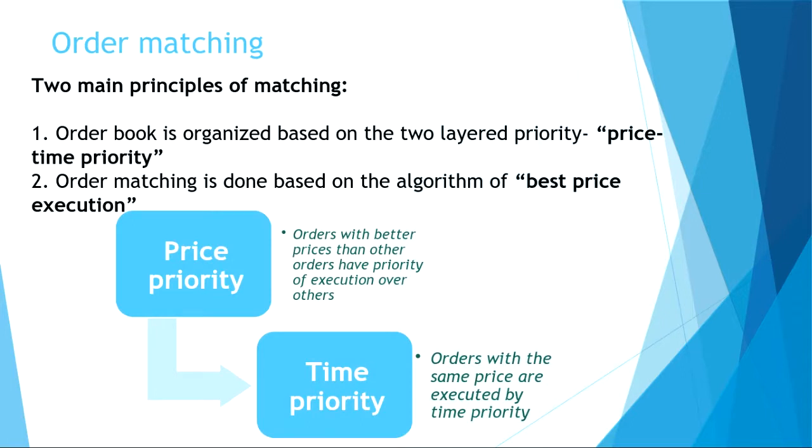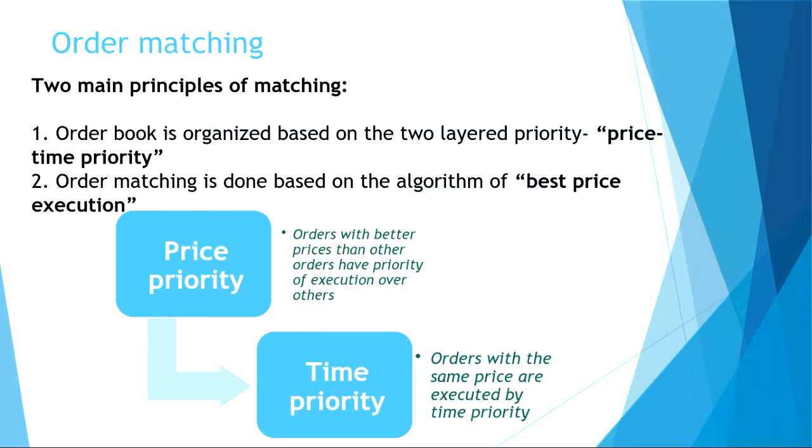Okay, so we have two main principles of matching. The first one is price priority. The second one is time priority. What's price priority? For the buy side, let's say the highest price is the best one. You want to buy Turkish Airlines at 8 Turkish lira, let's say, and someone wants to buy it at the price of 9.